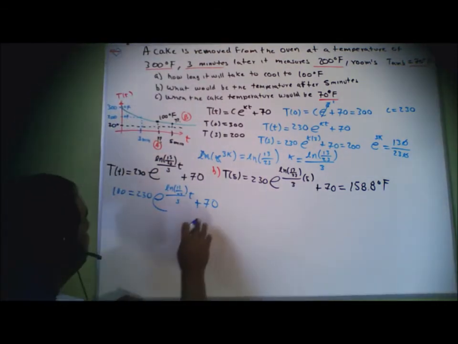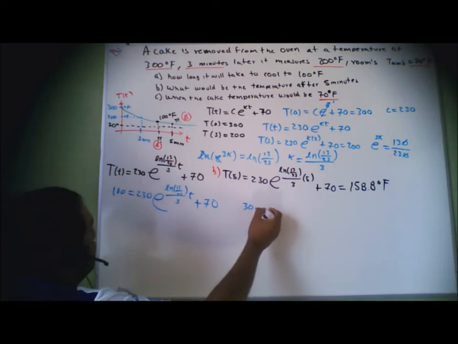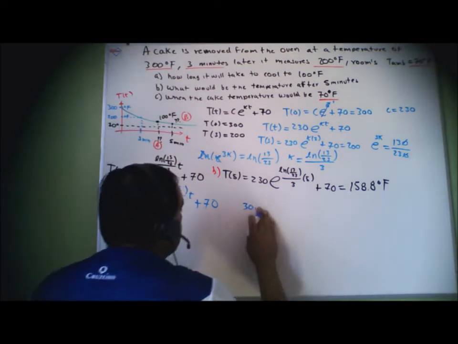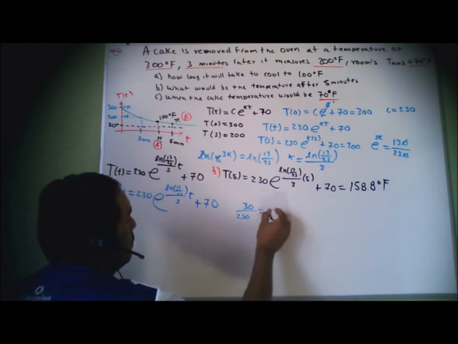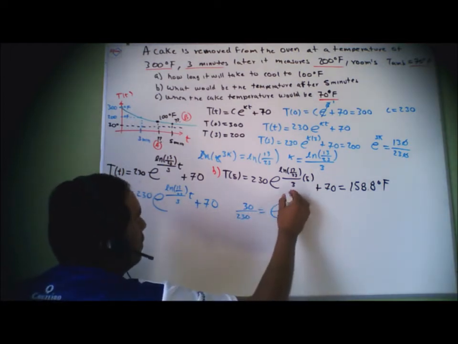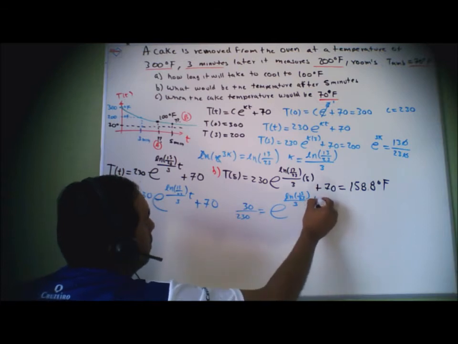So let's clear the value. The 70 goes to the other side, so 30 equals 230 times the exponential. Let's divide by 230: 30 over 230 equals the exponential of the natural log of 13 over 23 divided by 3, times the time.